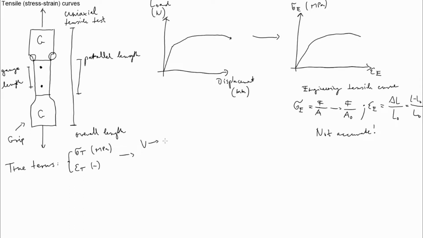So let's make this statement, which means that the initial volume, A0 times L0, the initial cross-section area times the initial length of the material, should be equal to the actual cross-section area times the actual length, right?